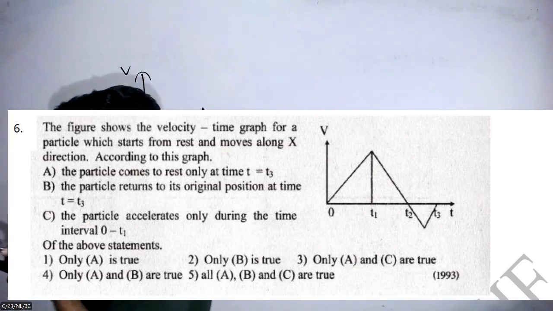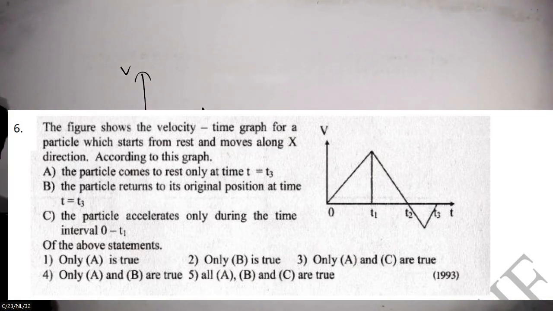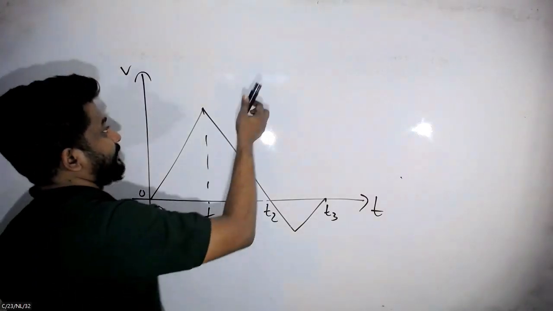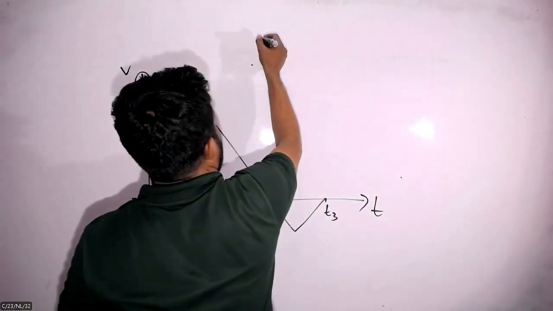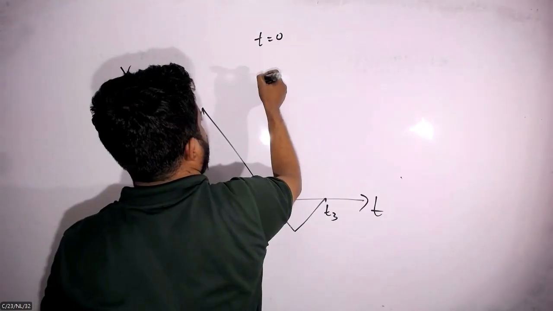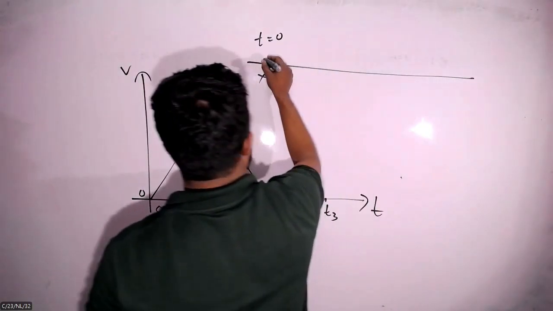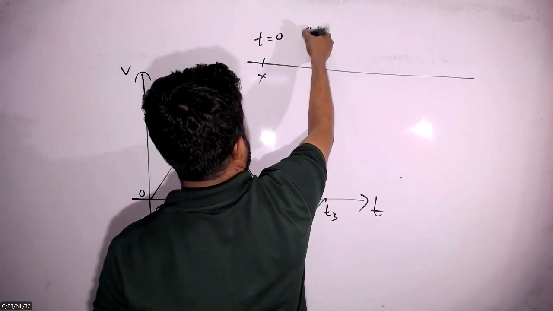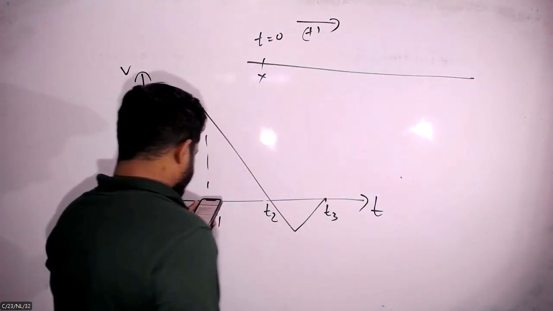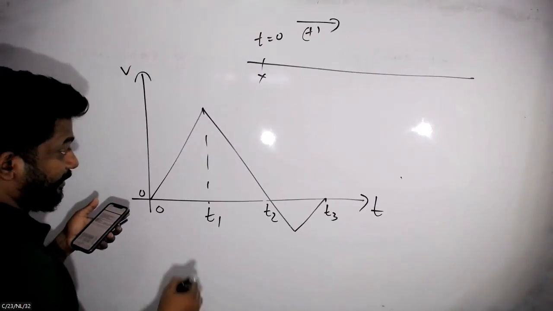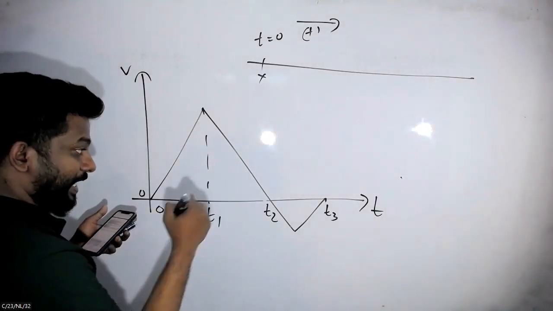Right, read question number 5. Figure shows the velocity time graph for a particle which starts from rest and moves along x direction. At t equals 0, starting from point x, and it continues towards the positive direction of the x-axis. Before answering the question, let me explain the motion.